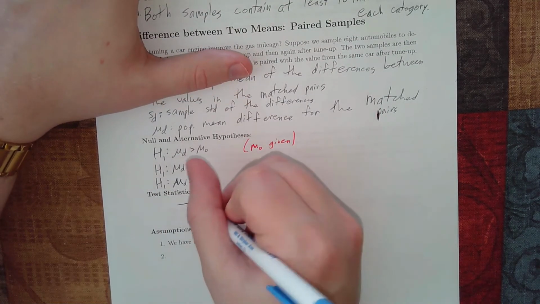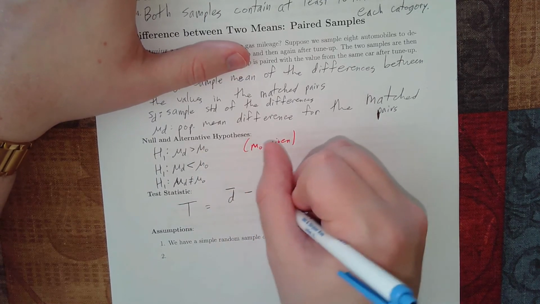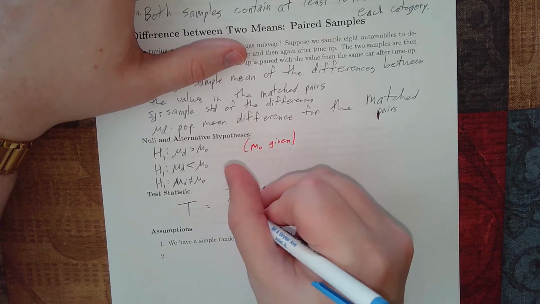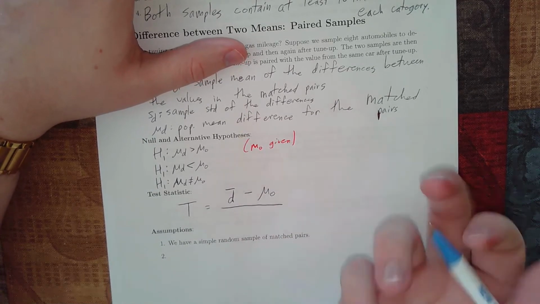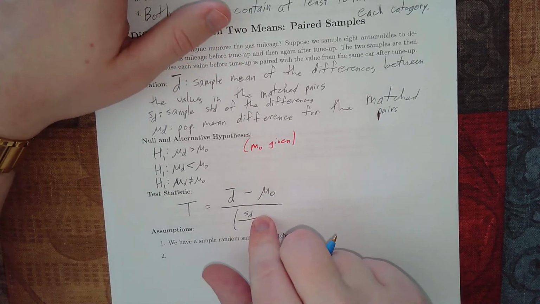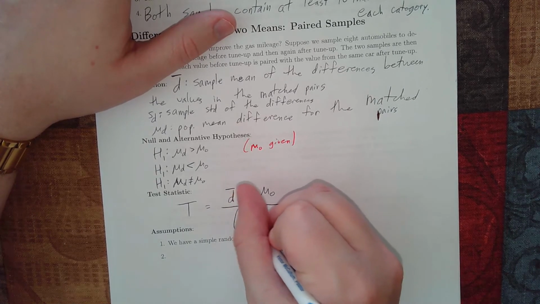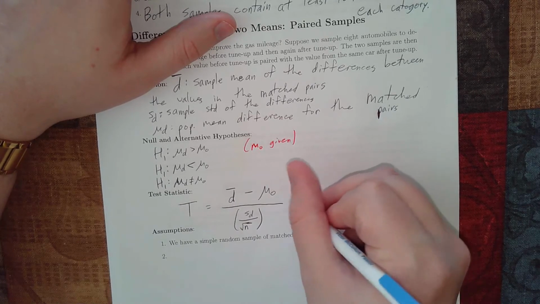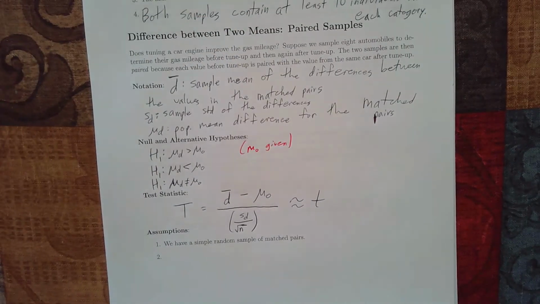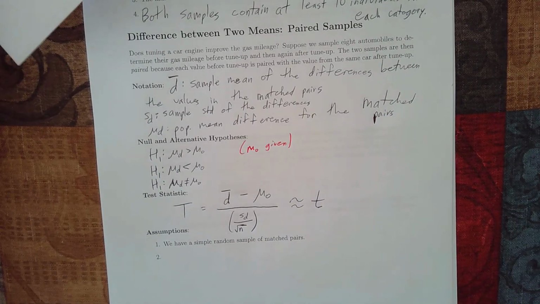Our test statistic here is going to take d bar minus this mu naught that we have divided by our sample standard deviation from our differences over the square root of n. And this is going to be approximated by, again, a student's t-distribution, because again, we're looking at just all this sample information.